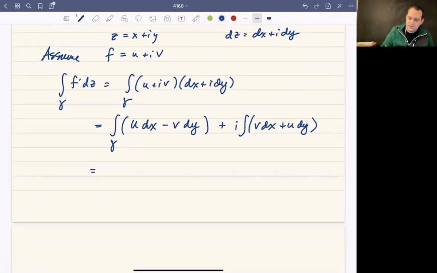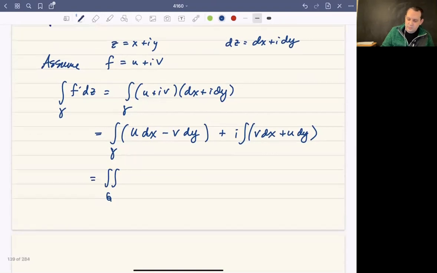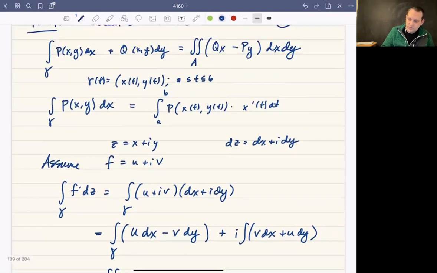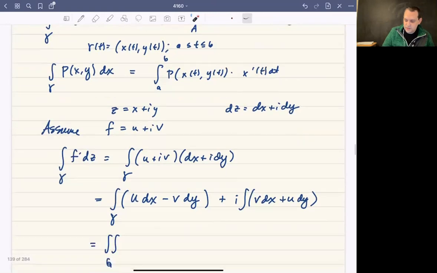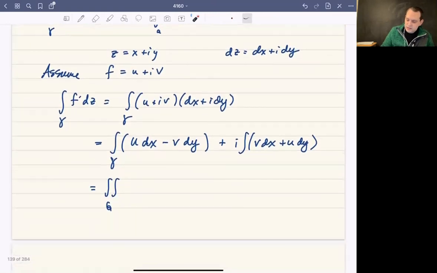By Green's theorem, this is the double integral over the region G, where remember how Green's theorem worked: you take p dx and q dy, and it's the partial of q with respect to x minus the partial of p with respect to y. So we take the partial of negative v with respect to x minus the partial of u with respect to y.